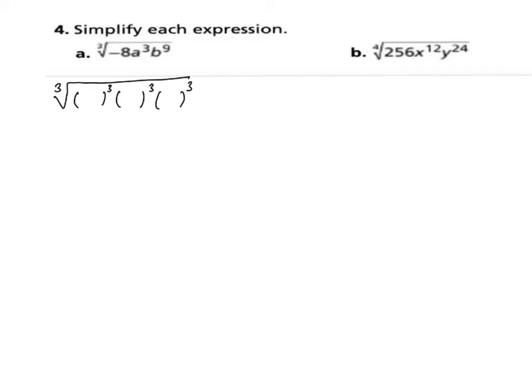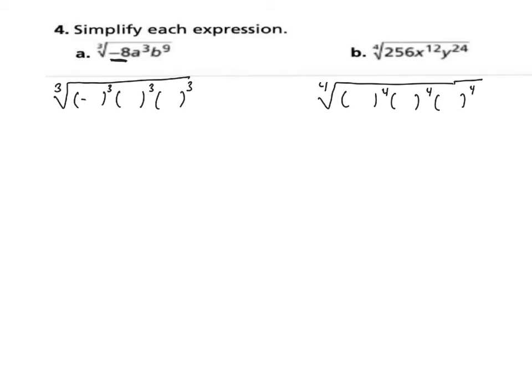So for the next problem, we're doing the fourth. It'd be something to the fourth to cancel out. Again, something to the fourth to cancel the x's, and same thing for the y's. Right, so now we want to find out what cubed gives us -8.